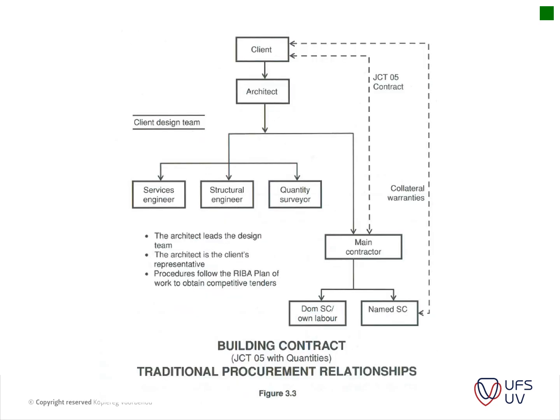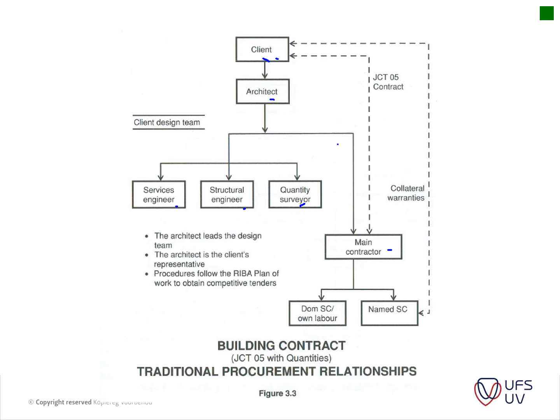Okay, then we look at the building contract. The traditional procurement method is where you have your client here at the top. He usually appoints an architect or principal agent, and then he advises who the client should appoint. So you have your services engineer, structural engineer, your QSs, and so forth. And then the client, through the procurement process, the architect usually advises the client on which contractor to appoint.